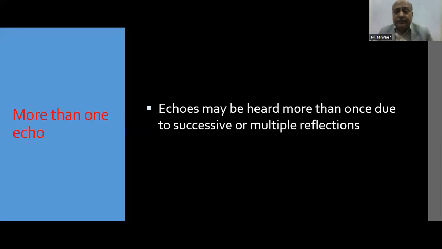It will take more time, so we hear an echo again. The sound wave traveling towards the right, with distance suppose 25 meter, when it bounces back from the right wall, will reach our ear in even more time. So we will hear multiple echoes due to the difference in distance of the obstacle.